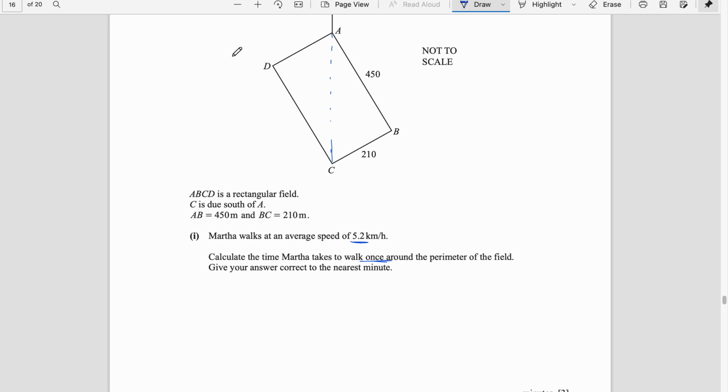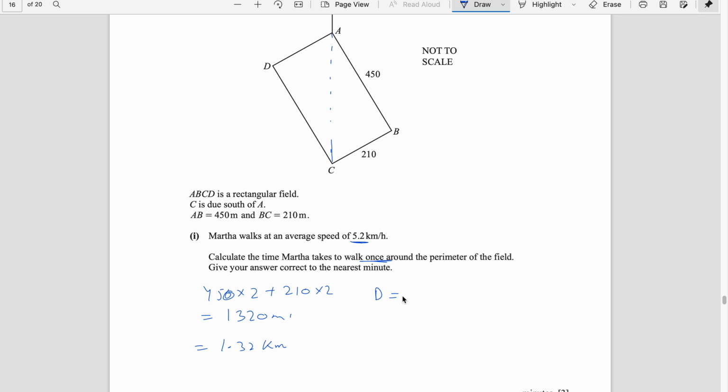Okay, so the perimeter first is 450 times 2 plus 210 times 2, and we get 450 into 2 plus 210 into 2 is 1320 meters, which is 1.32 kilometers.